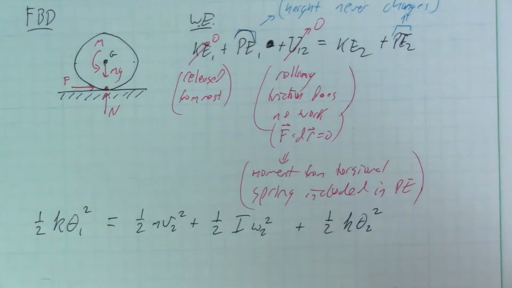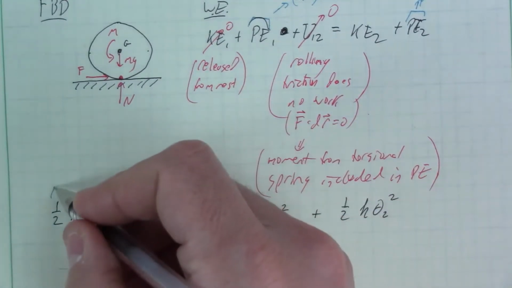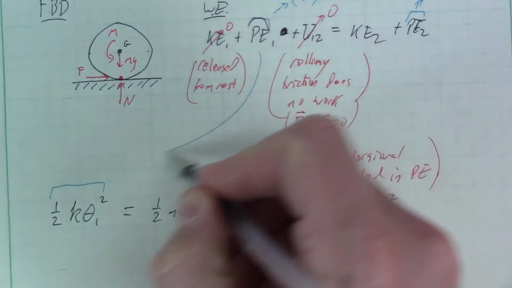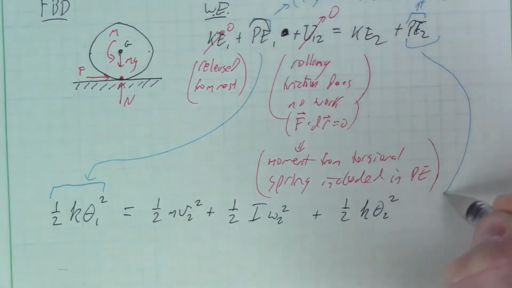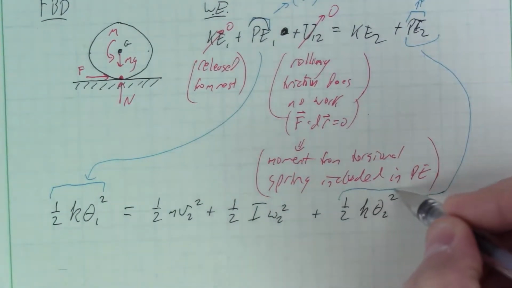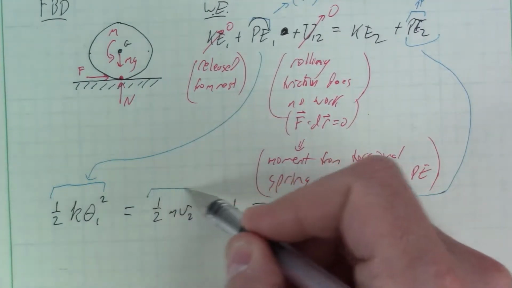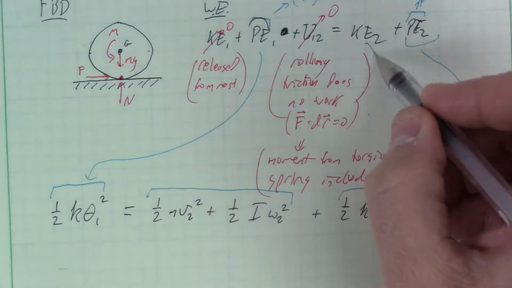Let's make sure we know where these all come from. There's our potential energy, there's our potential energy, and then these two terms are our kinetic energy.